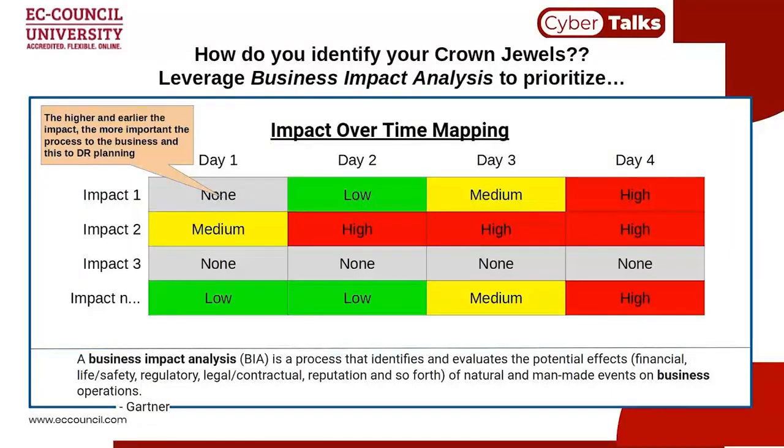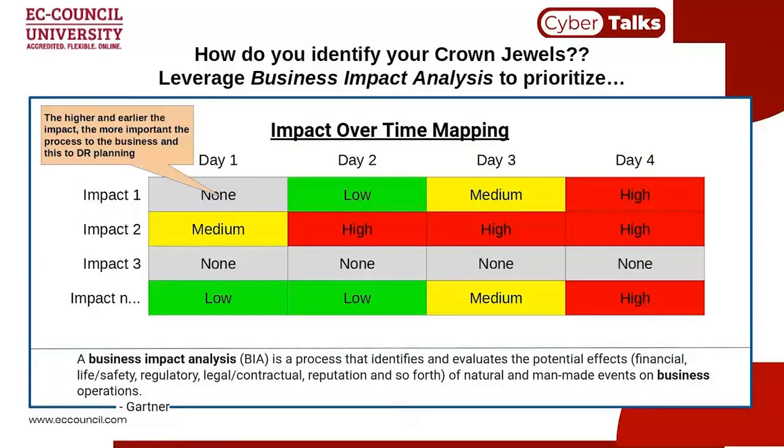So as you can see from here, you have two axes. One is impacts that occur on the left side, right? What are the business impacts? So it could be reputation, it could be financial, it could be legal and regulatory, it could be any of those things. And then the top axis is day 1, day 2, day 3, day 4.